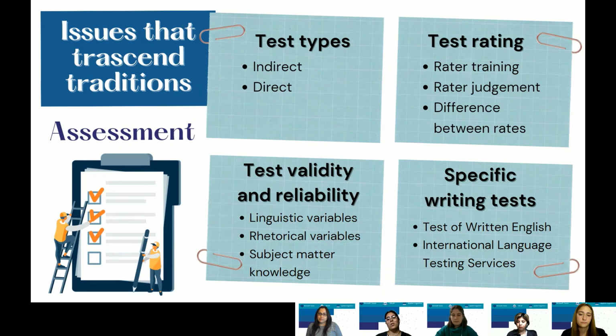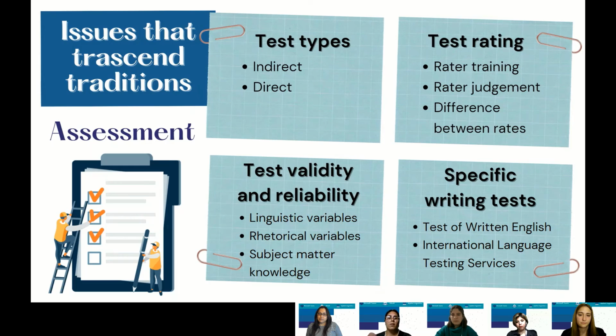Another basic issue is text rating or grading. Here, issues such as rater training, rater judgment, and the difference between rating done by individuals with and without experience with second language writers are being discussed. Also central are questions of test validity and reliability.